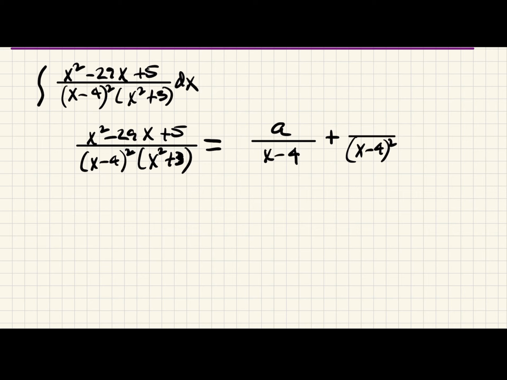So you're going to have one for each successive power, starting from 1 up to whatever your exponent is on that factor. And because it's a repeated linear factor, it also has a constant numerator. Now, you notice that x squared plus 3 won't factor into nice real roots, right?